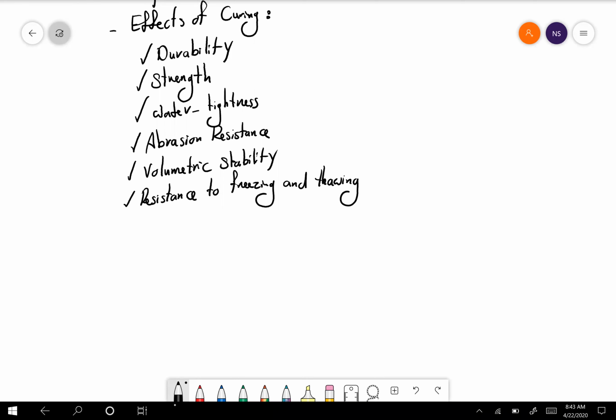And also you can make sure that your concrete is resistant to de-icing chemicals, that cannot harm your concrete surface, right?